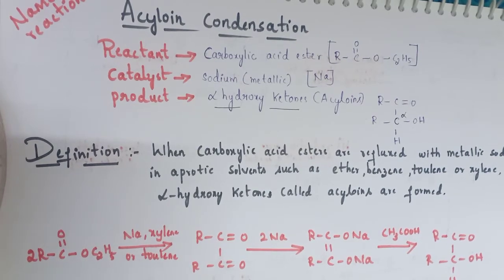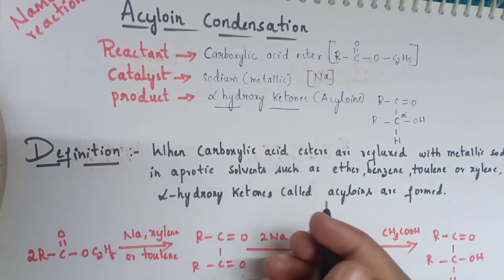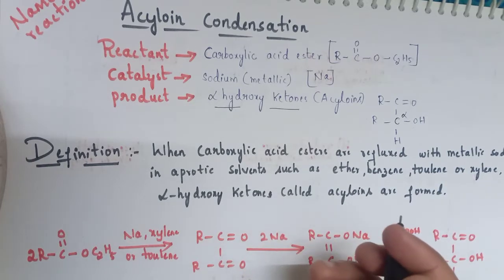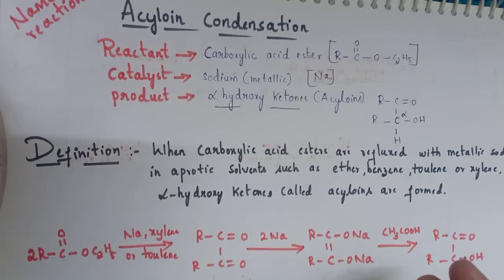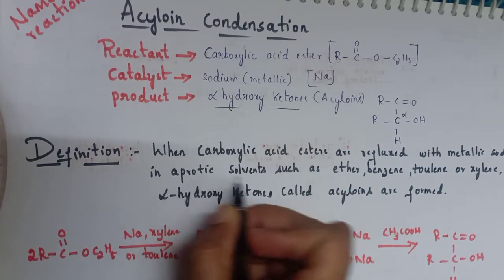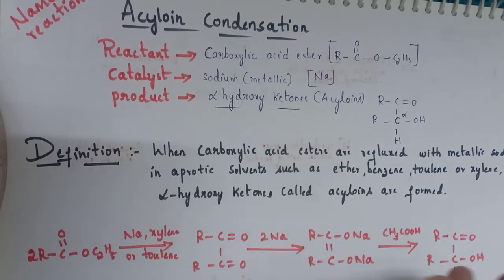If we use protic solvents in this Acyloin condensation, the Bouveault-Blanc reduction results. So another name reaction takes place if we take protic solvents in place of aprotic solvents. So an aprotic solvent must be used in this Acyloin condensation.